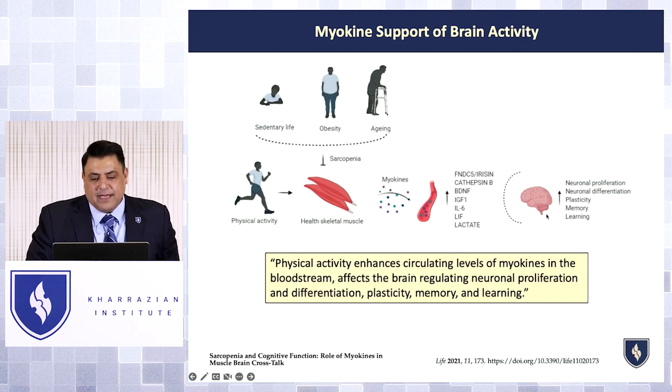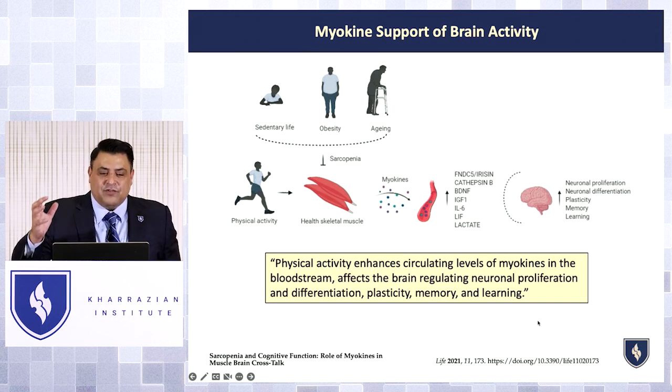These things impact signaling pathways, and they have been shown to keep the brain healthy. So physical activity enhances circulating levels of myokines in the bloodstream, affecting the brain, regulating neural proliferation and differentiation, plasticity, memory, and learning.